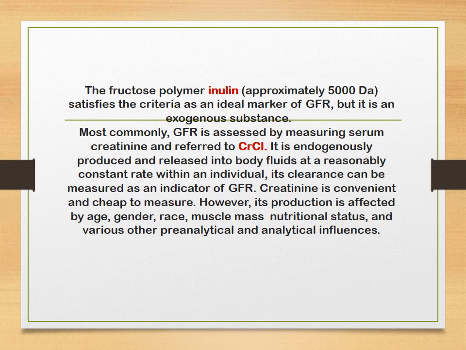Also it is cheap. However, its use has disadvantages, as mentioned. Gender, age, muscle, nutritional state, and also the analytical method affect the value of glomerular filtration rate. It is complex, and several methods have been used.